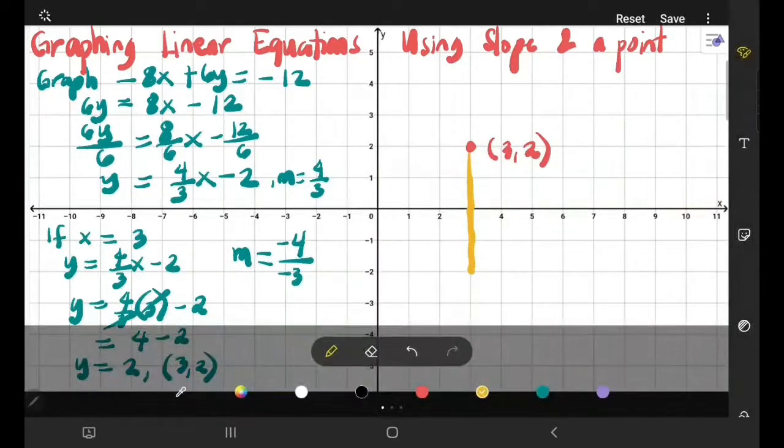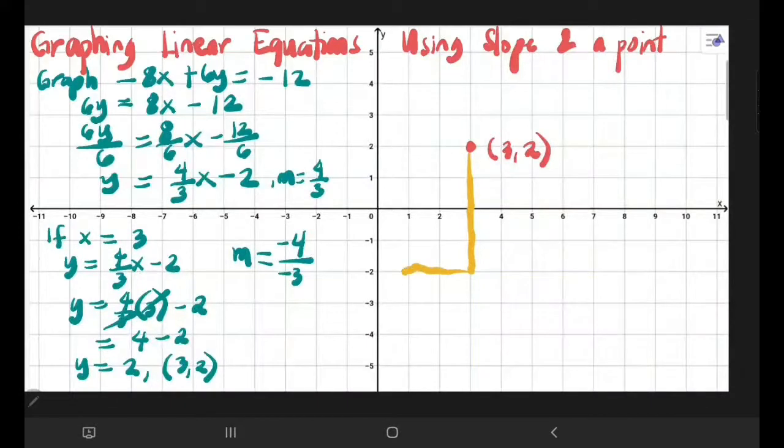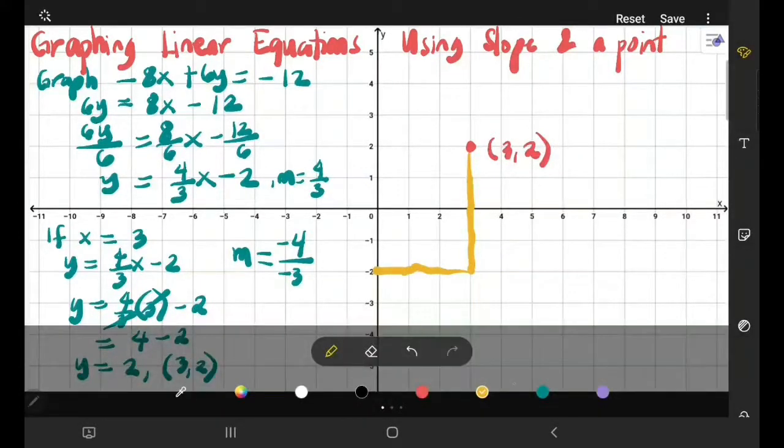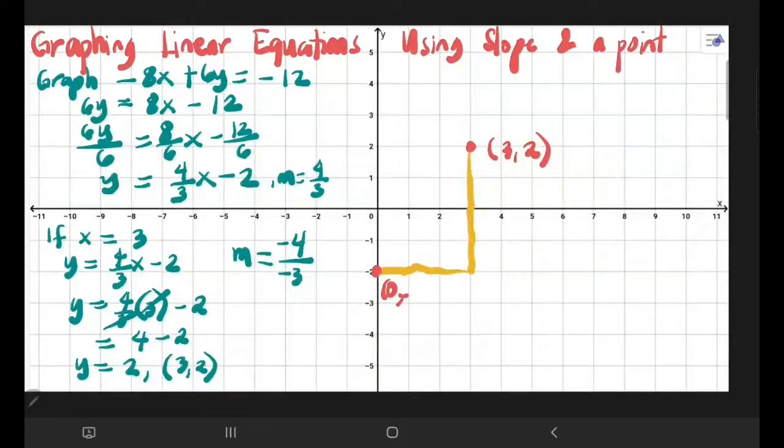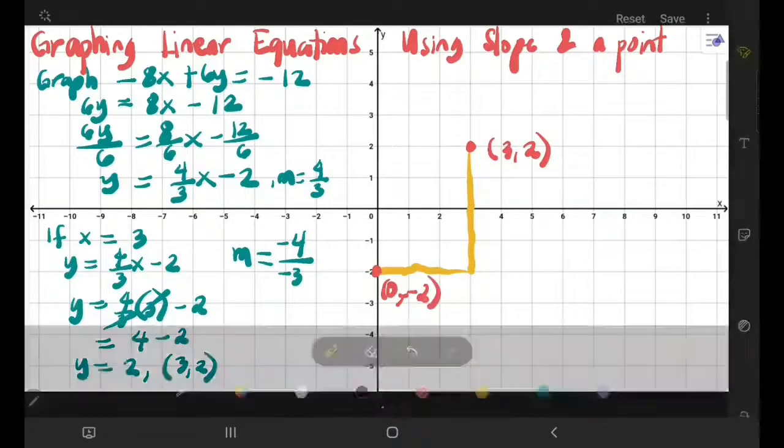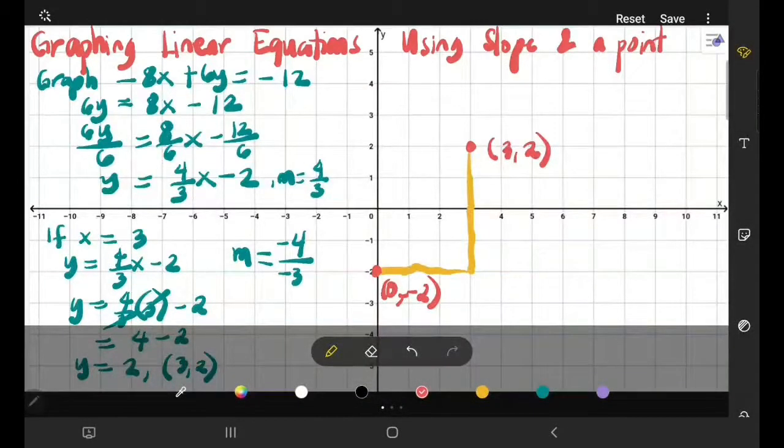The negative 3 means to the left, 3 units. So 1, 2, 3. So we stop there. And that is 0, negative 2. And then connect the points.